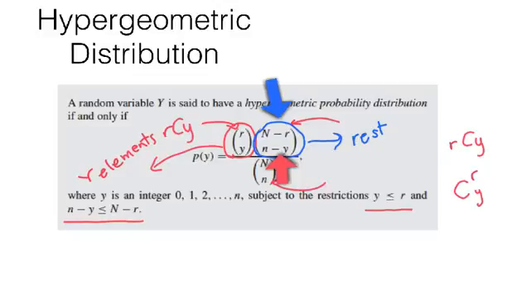And the same goes with the other part: these are the ones within the sample, and these are the total. So the ones within the sample cannot be greater than the ones in the total population. So those are the characteristics of the distribution.